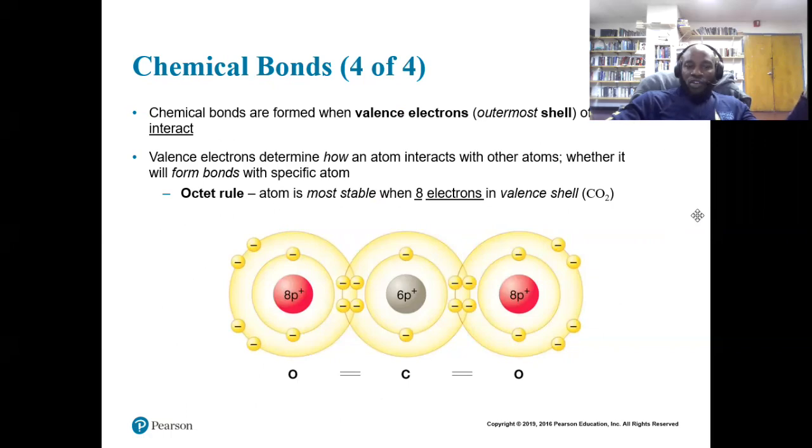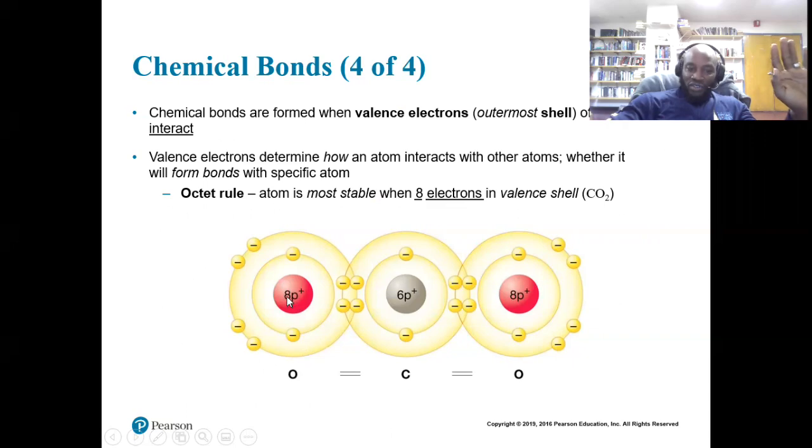And so basically we have what we call the octet rule. 8 is the magic number. Atoms want 8 electrons in their outermost shell. So oxygen, for instance, has, well, in this diagram, carbon has 6 electrons, 4 in its outer shell.